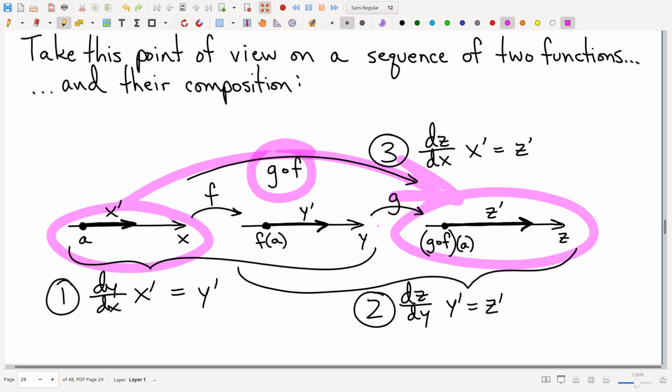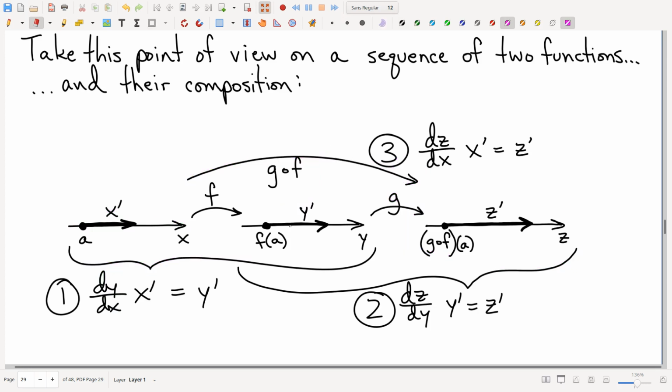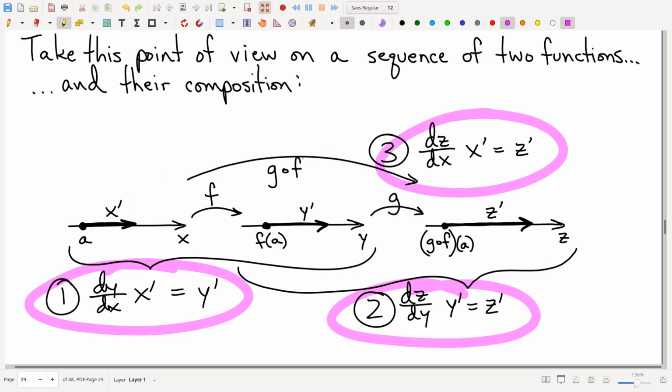Now each one of these three equations that I have written down here is no big deal. Each one of these three equations is just what we were talking about before: a derivative is a factor that you multiply by input change to get output change. That's it. Nothing else happening here. Just as an example, let's look at number 2.